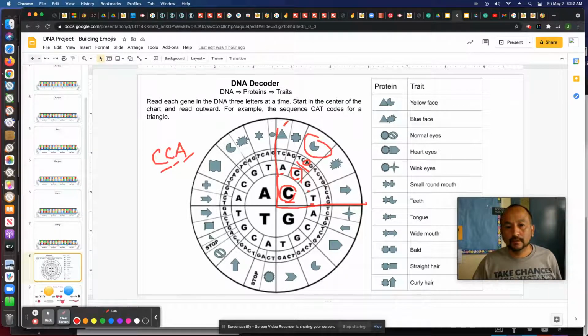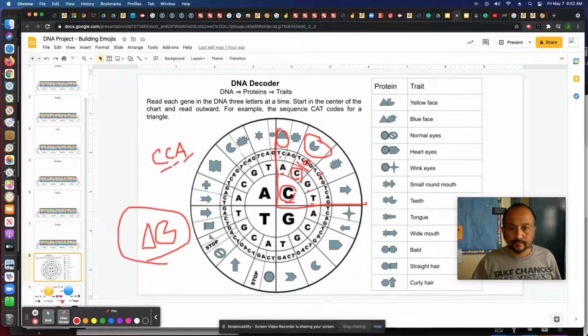So we have the triangle for CAT, and we have the Pac-Man looking shape. So the triangle and the Pac-Man looking shape, we have to locate these protein molecules here in the protein category.